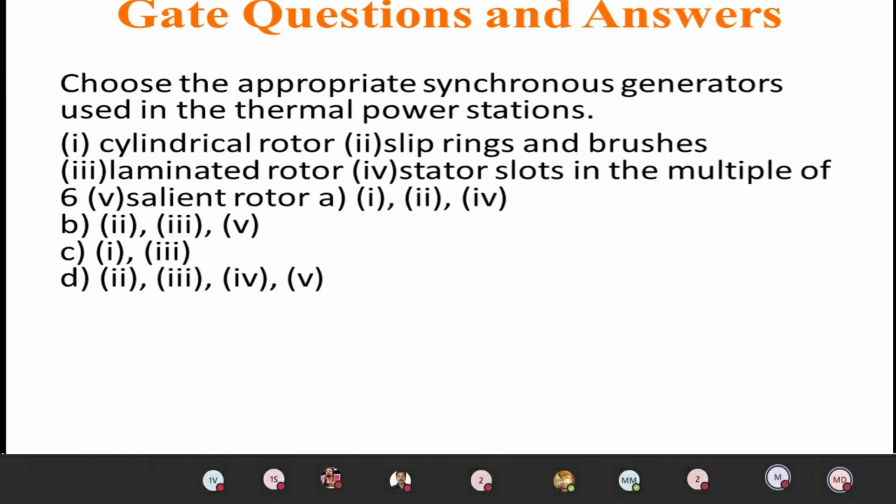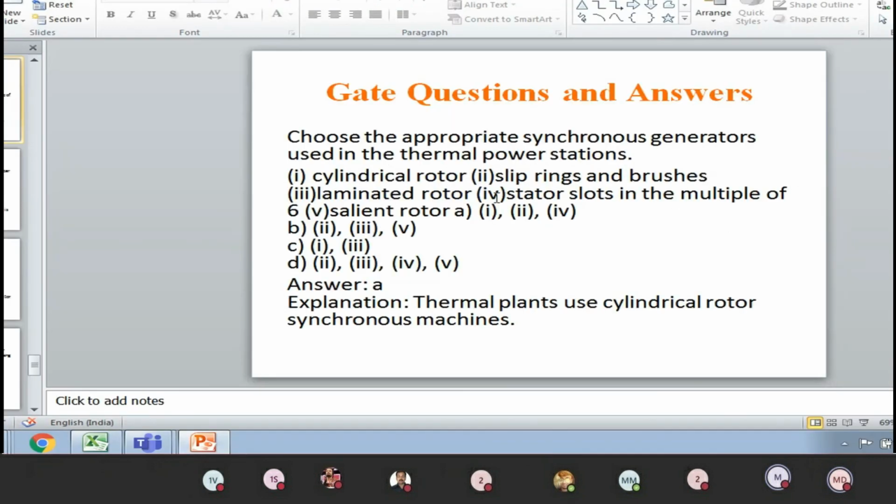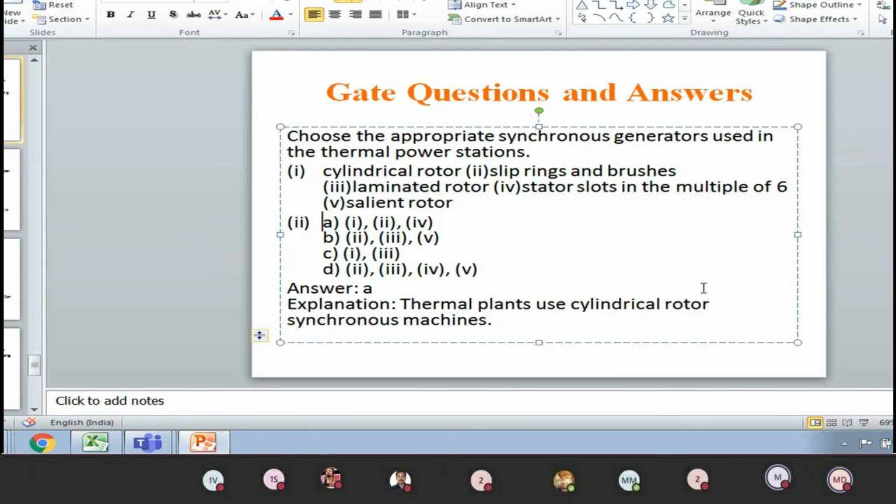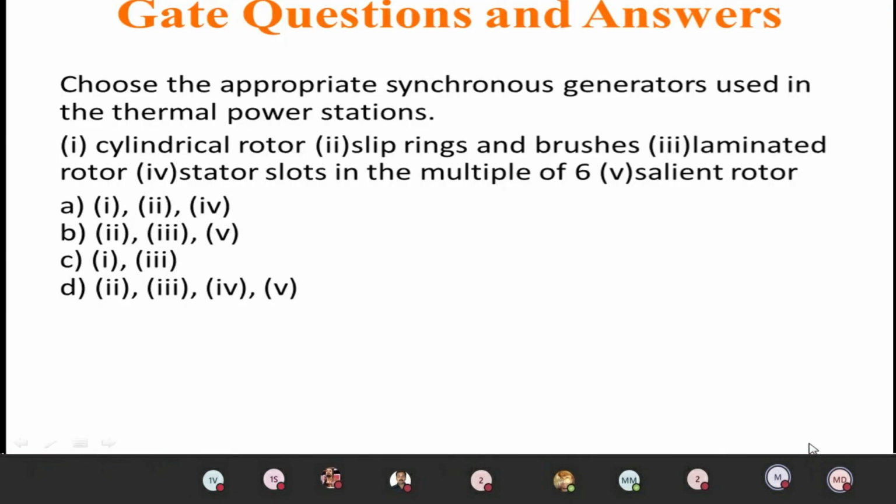Choose the appropriate synchronous generator used in the thermal power station.